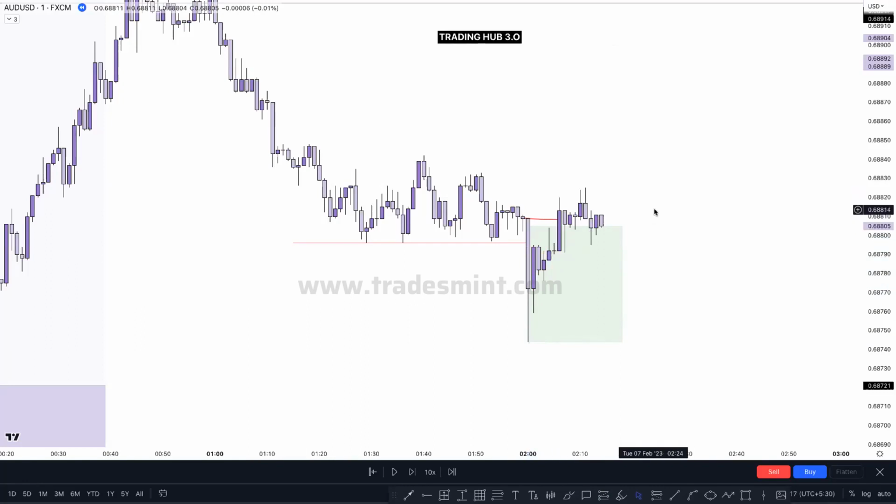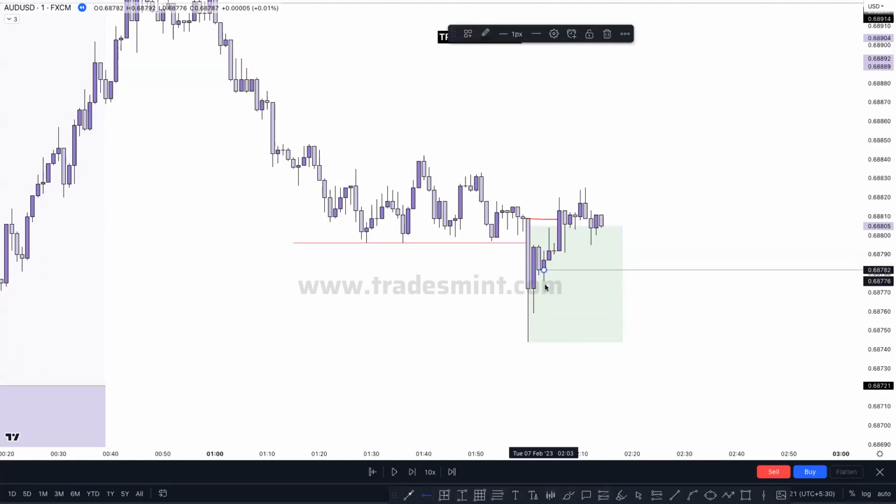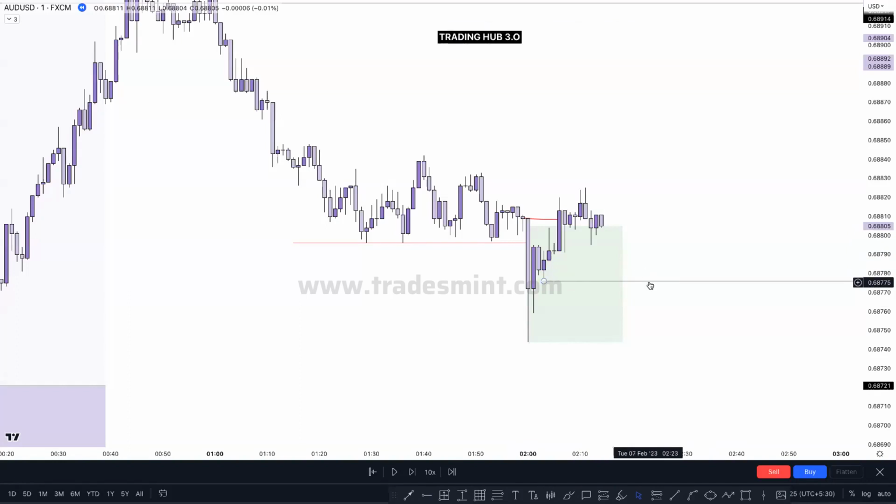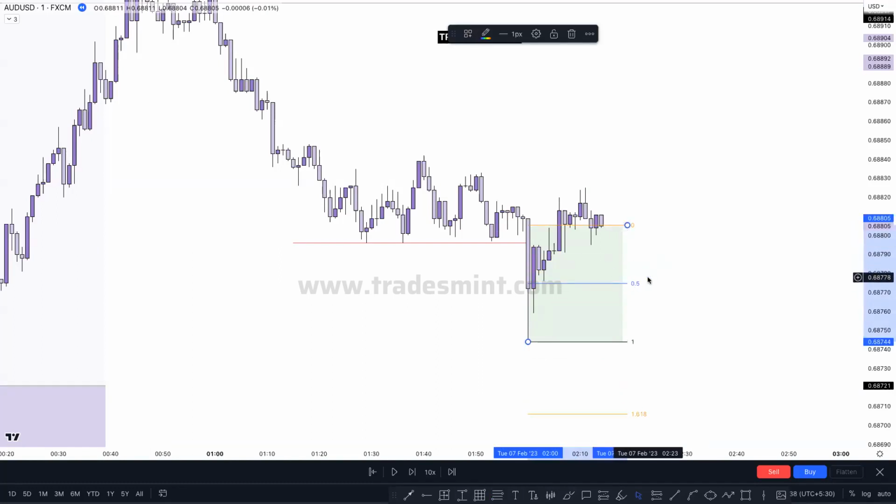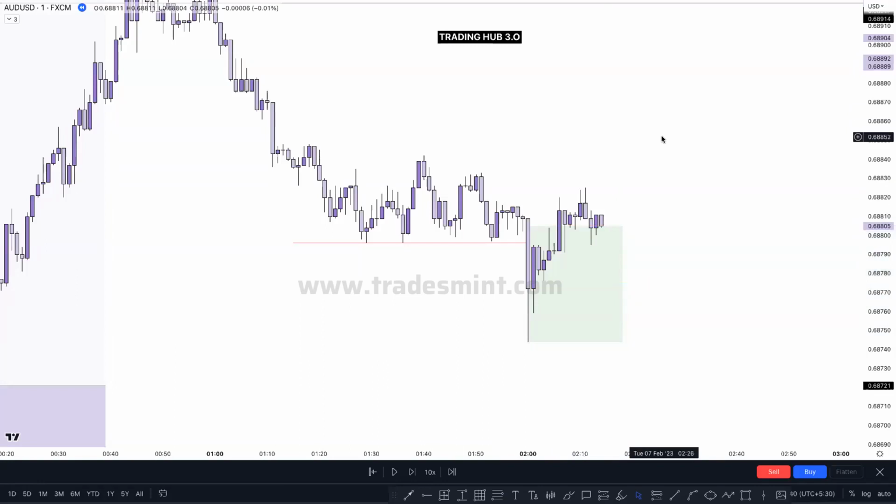So simply you can trade here based on it. This is just a refined, unmitigated shadow here, and you can take one more, where is Fibonacci? This one. You can take 50% of this move here.